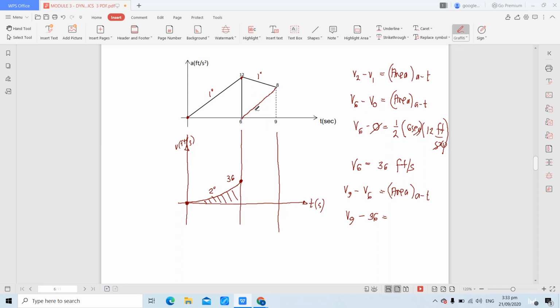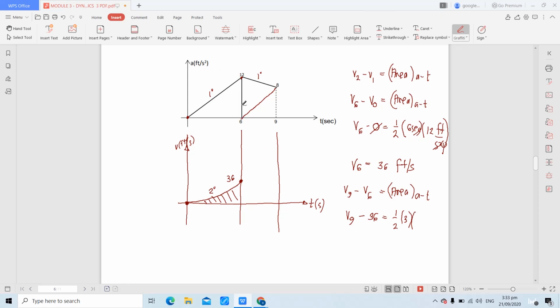So, hatiin natin dyan. Assume natin hindi natin alam yung area ng trapezoid. So, hinati natin sa dalawang triangle, dalawang 1/2 base times height. Yung nasa taas muna. So, 1/2 the base. Anong base? Ito. Horizontally. And that length is 3 seconds. Multiply by the height. Ano yung height nun? Ito.